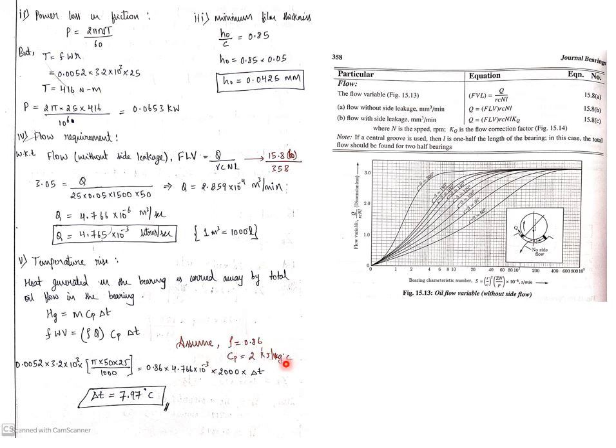These are the two things you have to assume; keep this in mind with respect to bearings. Substitute back here to find the value of delta T. Here Q you need to substitute in liters per second, and you will get the delta T. So this is the total temperature rise.